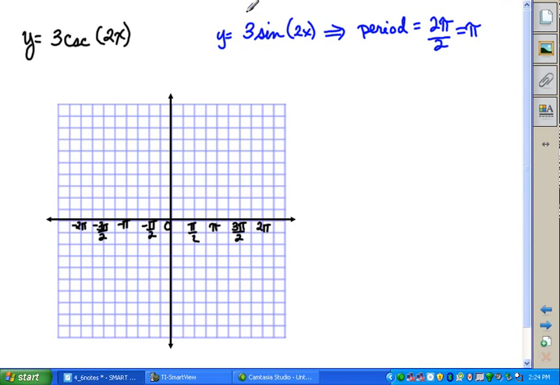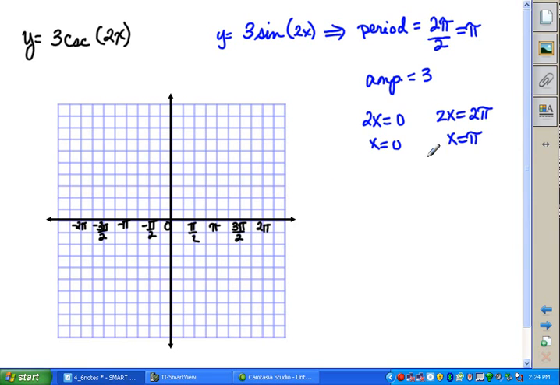We know the amplitude is 3. And we know that the period is going to begin when 2x is equal to 0, and it will end when 2x is equal to 2 pi. So it begins at x equals 0 and ends at x equals pi.